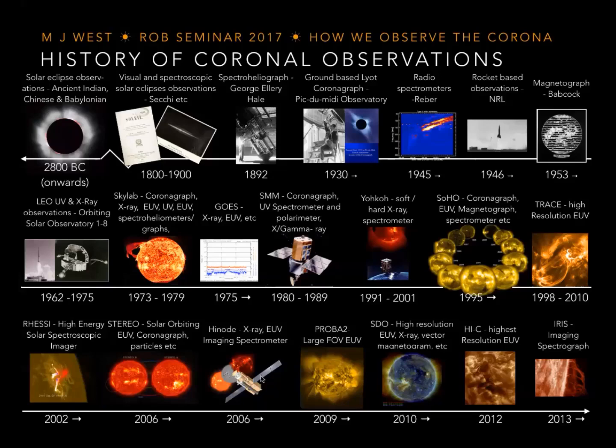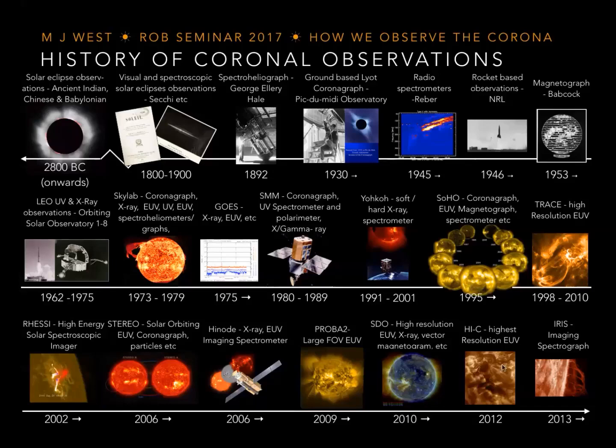And the final mission I want to highlight is the SDO mission, because I'm going to rely on that heavily in this talk. And SDO is, I would describe it in terms of the EUV and X-ray observations, as the next iteration of SOHO. It's got these wonderful high-resolution EUV images on board, and it's capable of taking vector and continuum magnetogram observations as well.